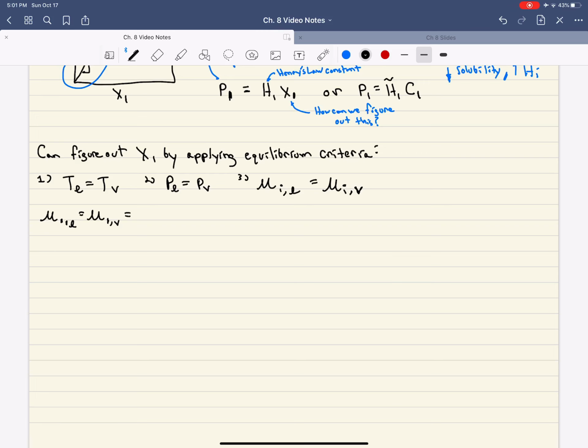Since we're assuming an ideal gas mixture in the vapor phase, we could write out the form of the chemical potential that we derived previously: RT natural log of P1 over Pref. Then if I plug in Henry's law, I get this.